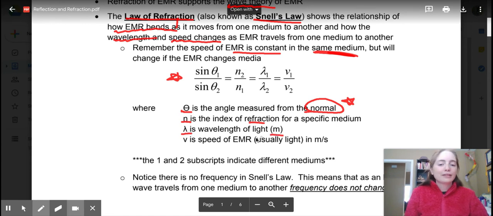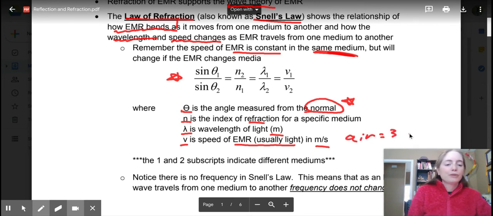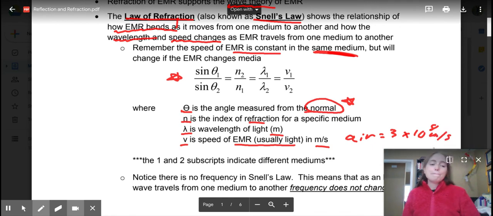Lambda is our wavelength in meters. And v is the speed of the EMR. Most of the time it's going to be light, in meters per second. In air, it is going to be 3 times 10 to the power of 8 meters per second. But in other media, it is not necessarily going to be.